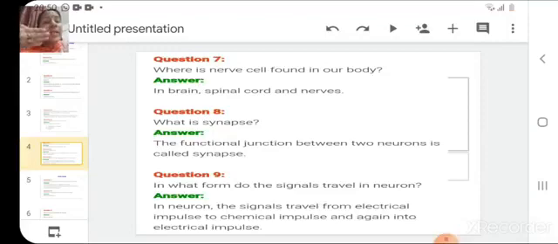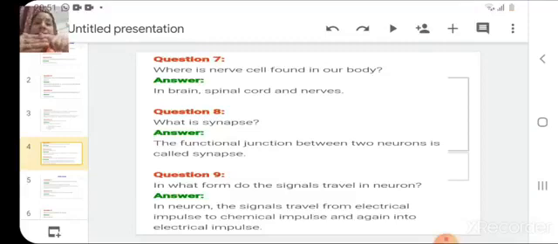And here some very interesting process takes place. One impulse is coming in the form of electrical impulse. Now at the end point of that neuron, this electrical impulse will convert into chemical impulse. How? By a secretion of a chemical which is known as neurotransmitters. In higher classes you will learn about the neurotransmitters.